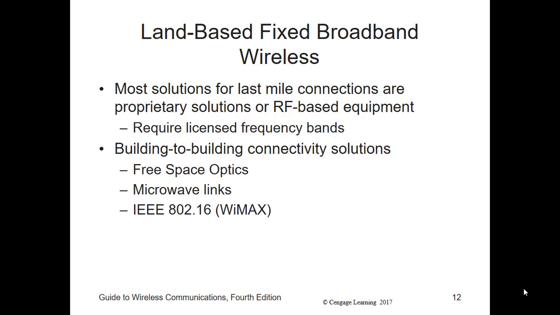As a comparison, in cell telephones, a single base station can communicate with several mobile devices simultaneously. Due to the high cost of land-based communication lines from telephone and cable TV carriers, many companies have chosen to deploy their own building-to-building wireless connections. Here, we're going to be talking about and describing an infrared-based solution called free space optics.